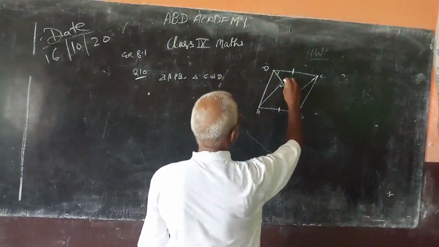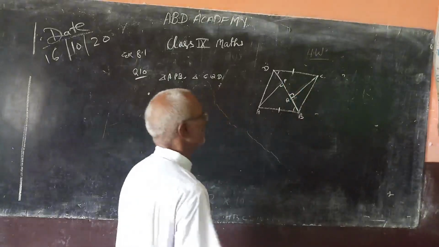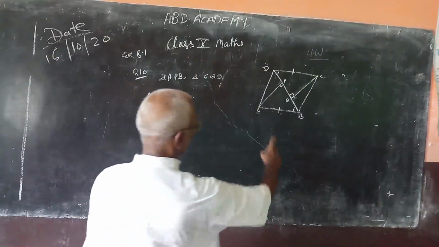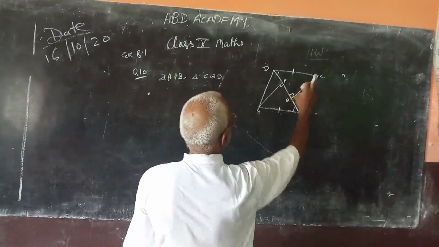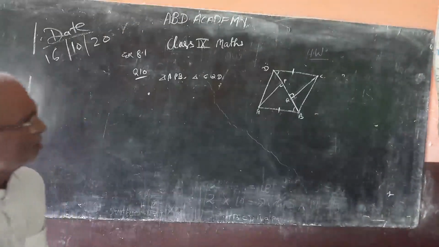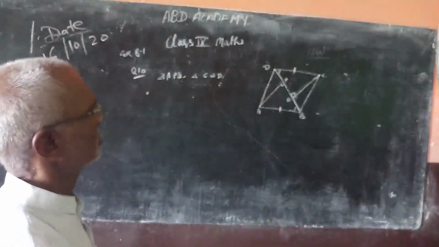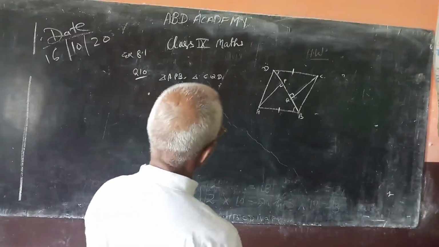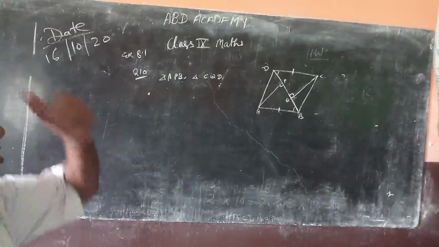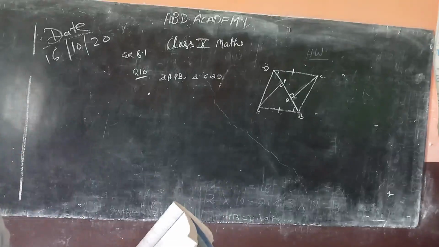Angle APB is equal to angle CQD, 90, given that AP and CQ are perpendiculars. And one more, angle ABP is equal to angle CDQ. Therefore, two corresponding angles and one corresponding side of the two triangles are equal. Therefore, they will be congruent by ASA congruency. Therefore, AP is equal to CQ. It is question number 10.